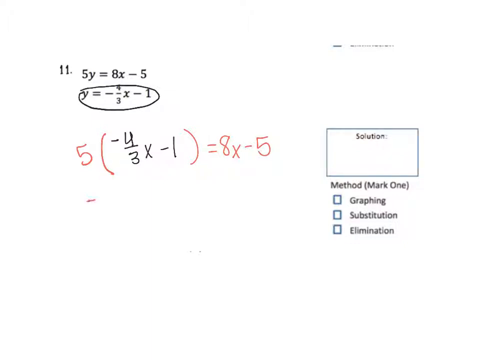And I'll have -20 over 3x minus 5. If you're not good with fractions, please just type it into your calculator. And this is equal to 8x minus 5. I'm going to minus 8x and minus 8x. And then I'll add 5 at the same time.